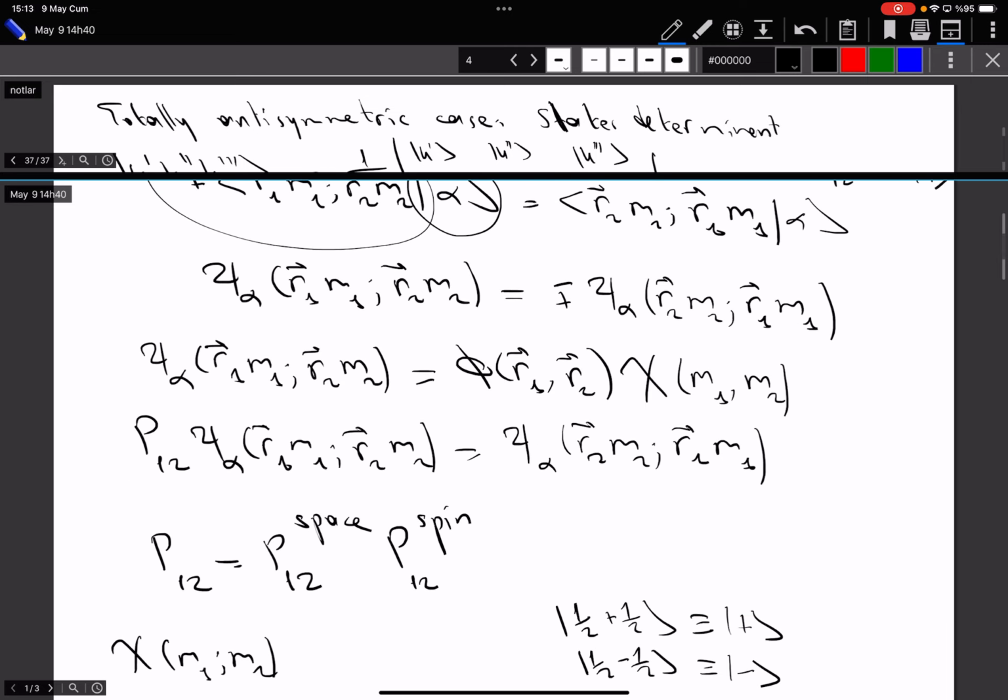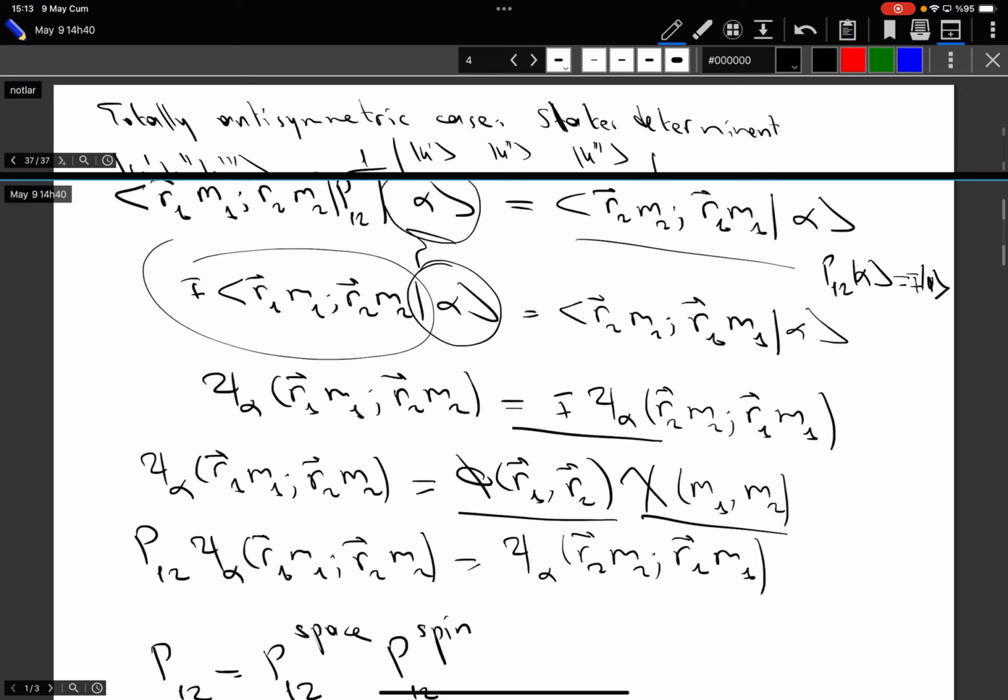Now, the total wave function is a product of the space part and the spin part. The total wave function for electrons has to be anti-symmetric. I have to take the minus sign for electrons. Well, if the spin part is anti-symmetric for total spin 0, the space part should be symmetric.